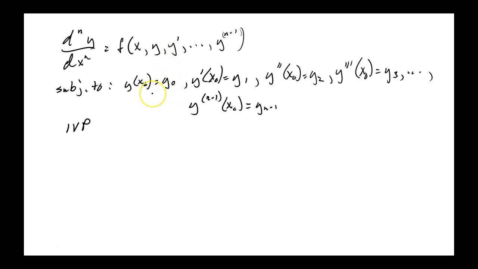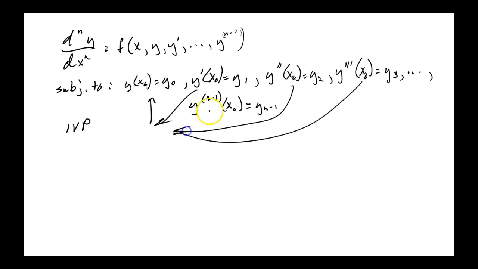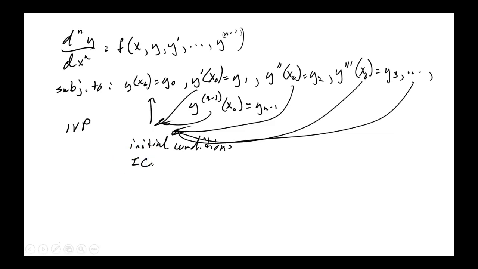These individual things here, all those, and the dot, dot, dots too, are called your initial conditions. You have to have one for every order of your derivative, and these initial conditions are often abbreviated IC, capital I, capital C. Those are your initial conditions.